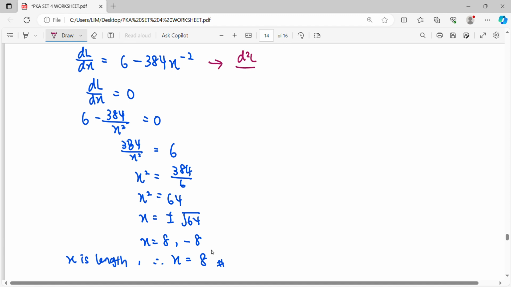d2L over dx squared: differentiate again. Differentiate the constant, 0. Differentiate this term, the power 2 times 384, negative negative becomes positive, power minus 1.